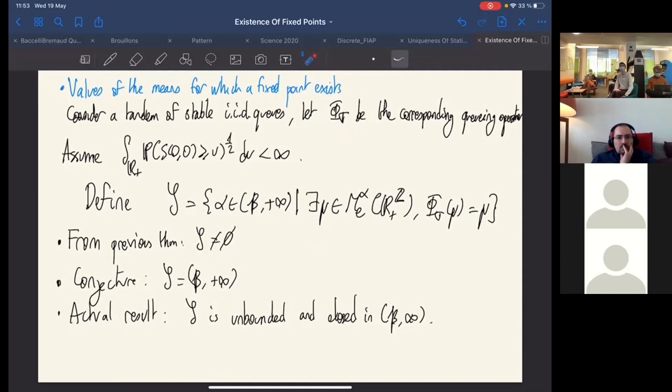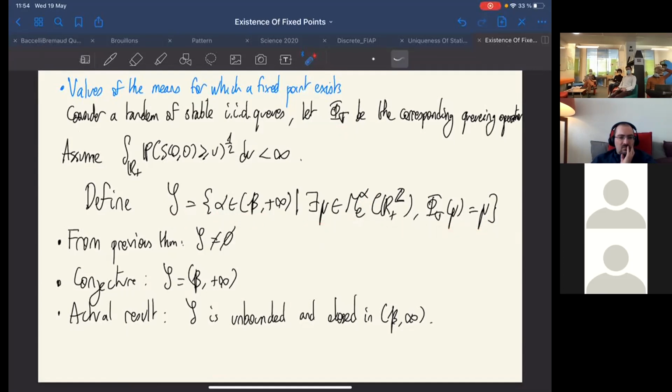And you could define the set S as the set of all the values of alpha, which are greater than beta for stability reasons, such that there exists an ergodic fixed point of mean alpha for the queuing operator. So it's clear now: we're interested here in the values of alpha for which a fixed point exists.